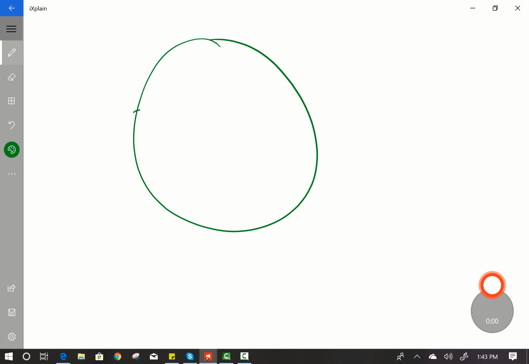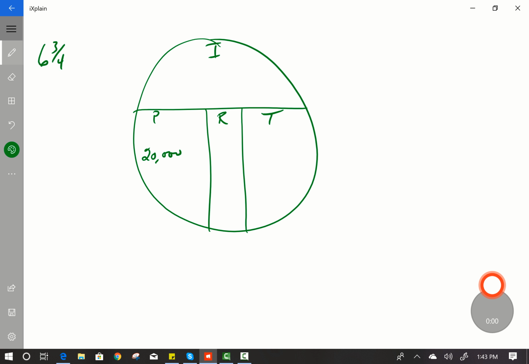Number 3, we have $20,000 principal. That's a given. And 6 3/4, 6.75% on this particular problem.